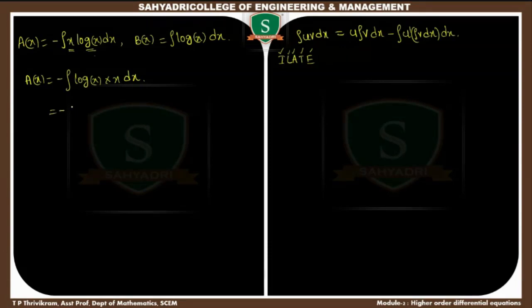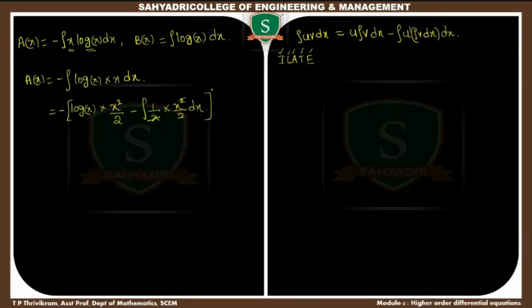Minus log x into integration of x, it is x square by 2, minus integral of, this minus is for the whole, integral of differentiation of log x, it is 1 by x into x square by 2 dx.